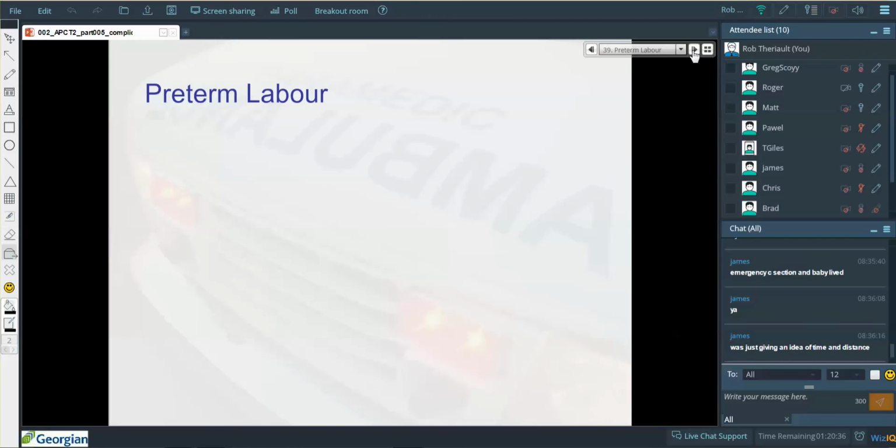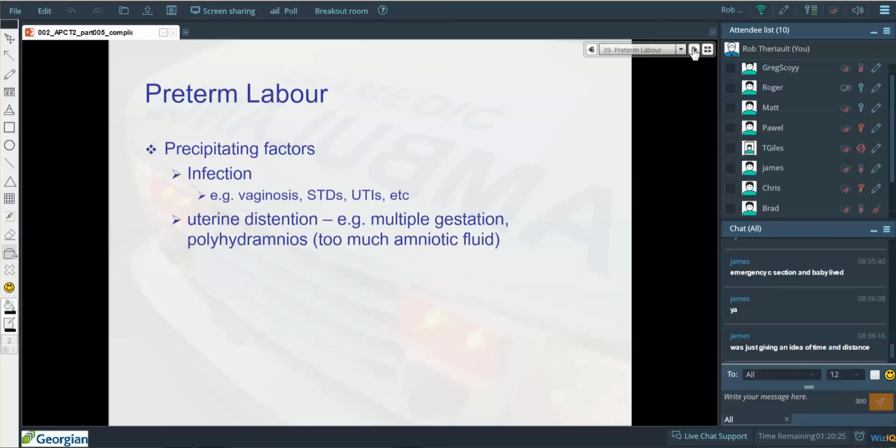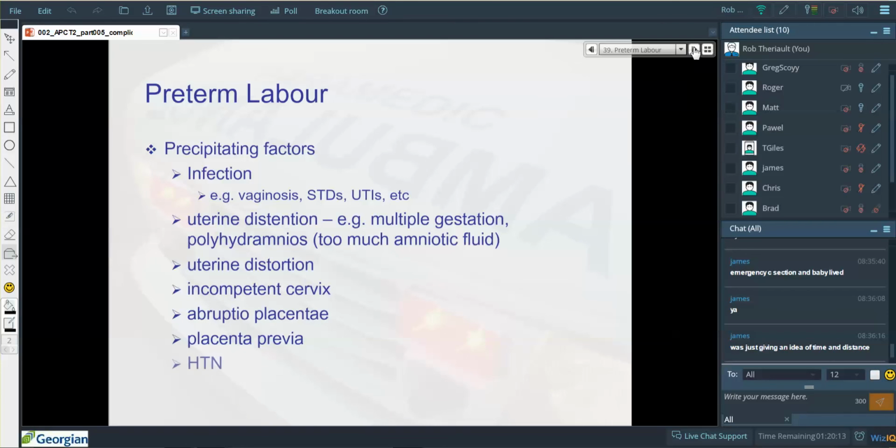So precipitating factors include infection, vaginosis, STDs or STIs, UTIs, etc., uterine distension, multiple gestations, excessive amniotic fluid, uterine distortion, incompetent cervix, abruptio placenta, placenta previa, and hypertension and IDDM as well.